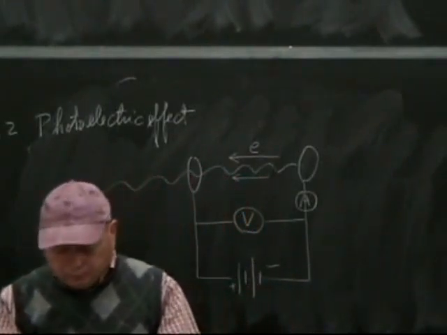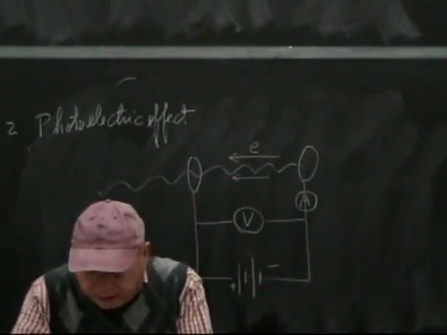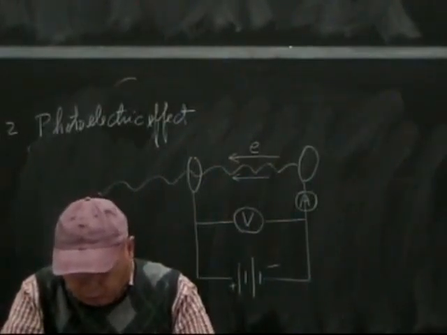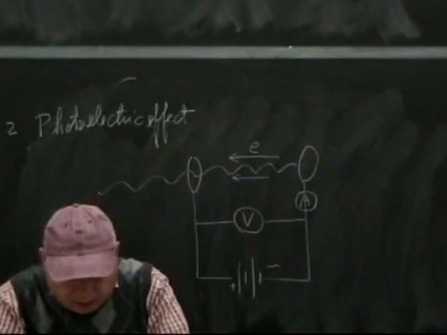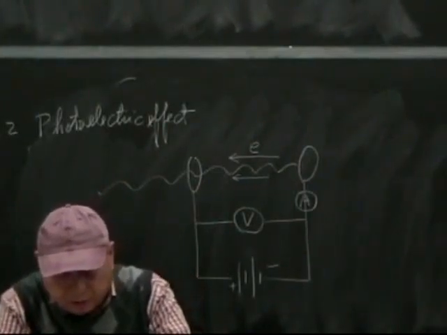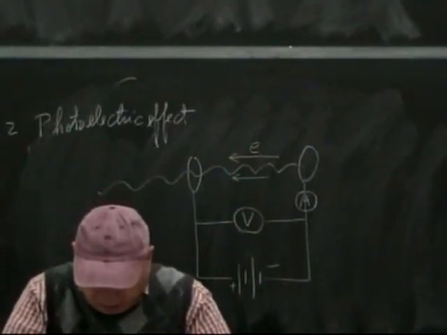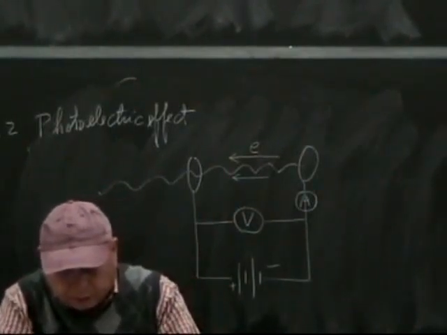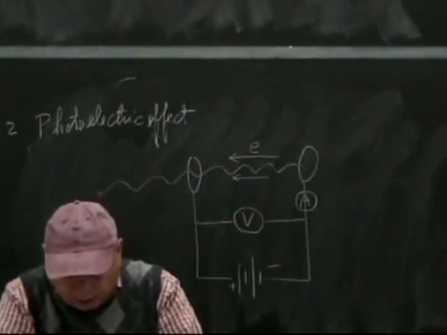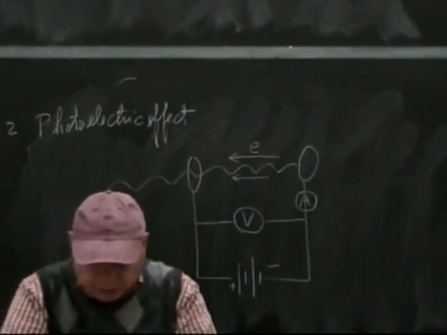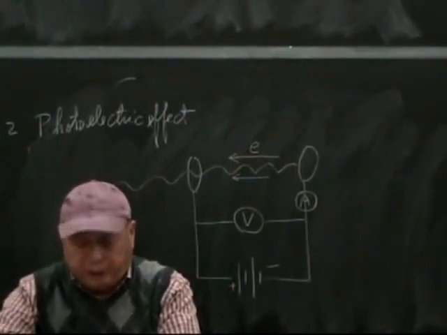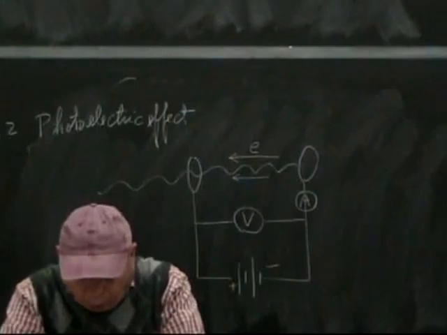That is the major contradiction. The classical prediction is that electrons should absorb energy continuously from the electromagnetic wave, meaning light. More intense light should transfer energy into the metal faster, so the current should be more.